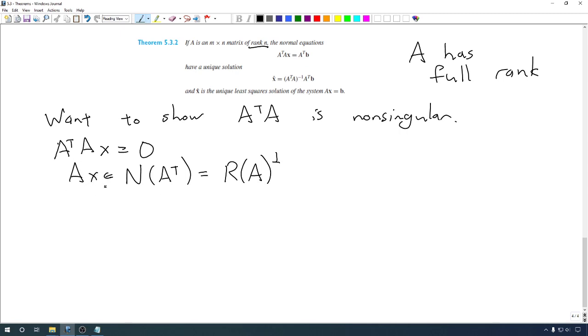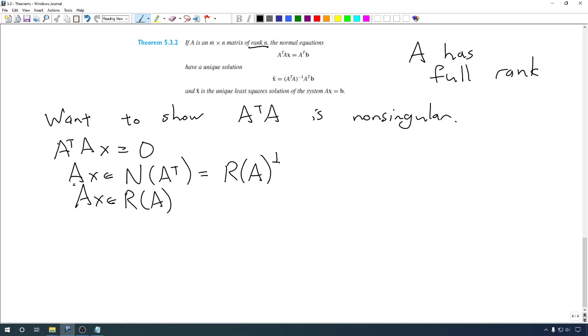It's A times something else. A times anything will give you a vector that's in the column space, pretty much by definition. It's as if we just took the columns of A and added together a bunch of multiples of them. So Ax is always going to be in the column space of A.